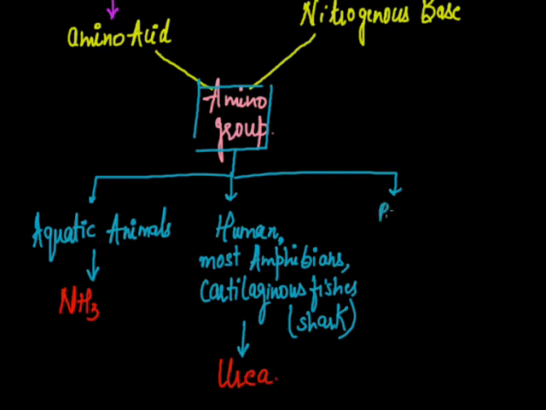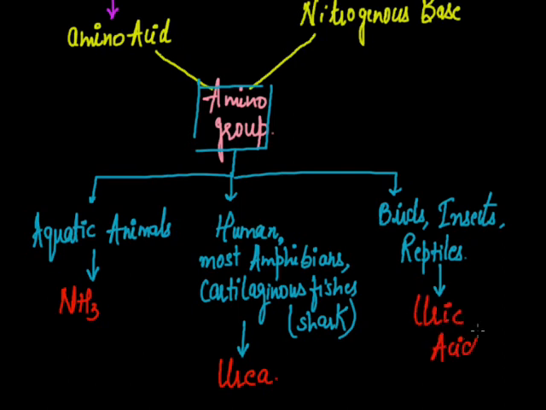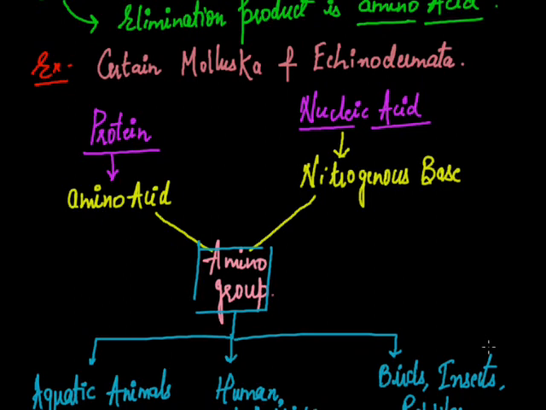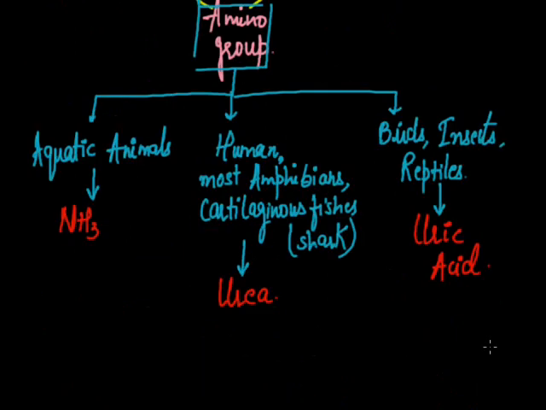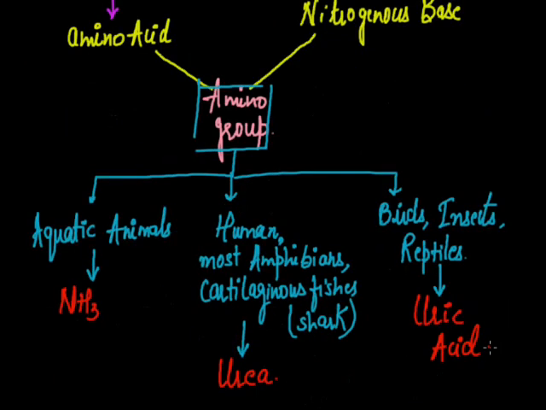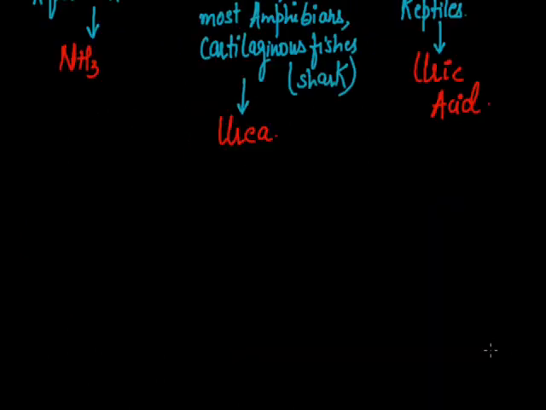Now next, in case of birds, insects and reptiles, they will yield uric acid as nitrogenous waste. This is the whole brief flowchart of the nitrogenous waste the different organisms are excreting.